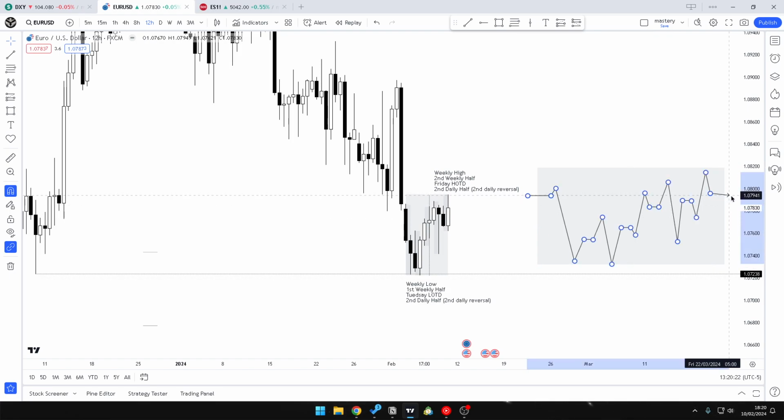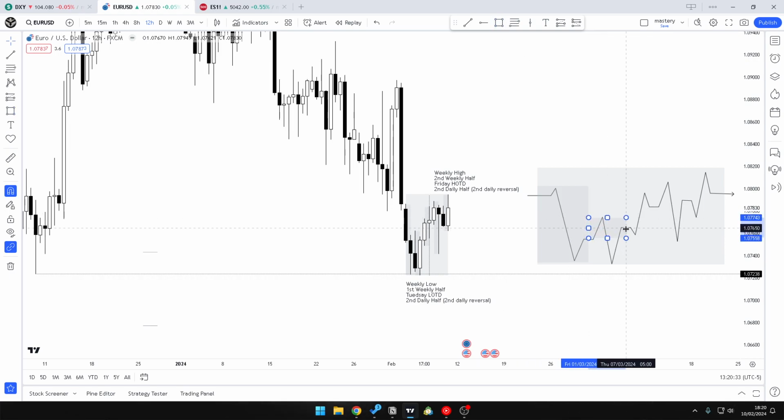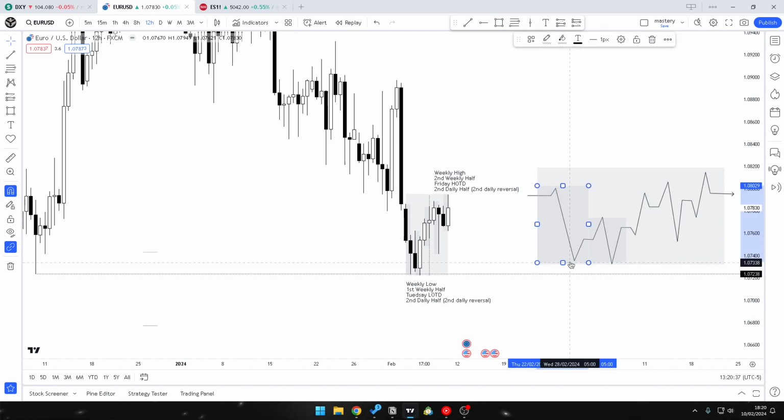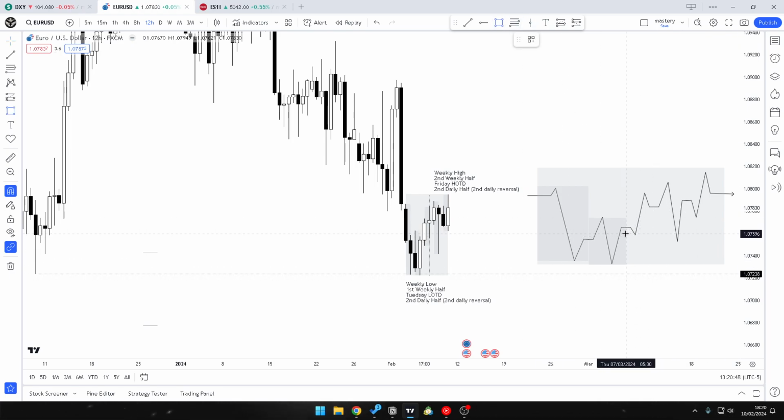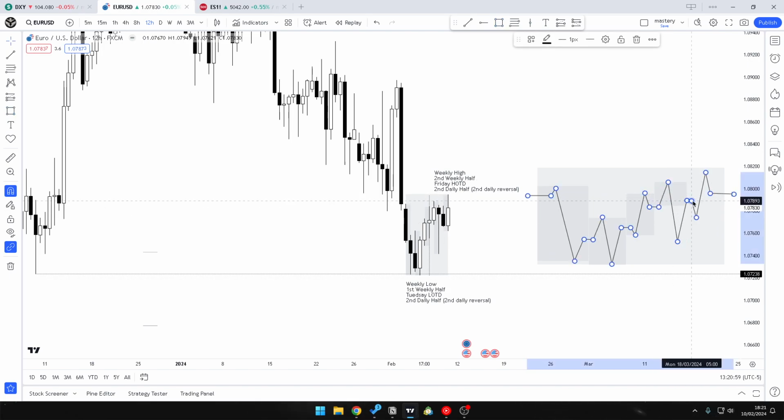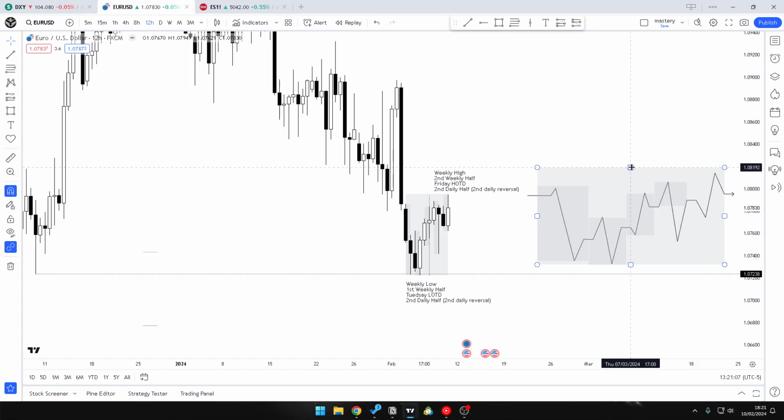We have the Monday candlestick. We have also the Tuesday candlestick right here, making the low of the day on the second half, followed by the Wednesday candlestick, followed by the Thursday candlestick, and then the Friday candlestick.